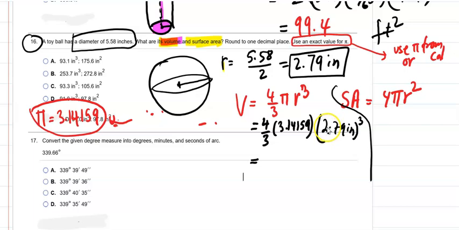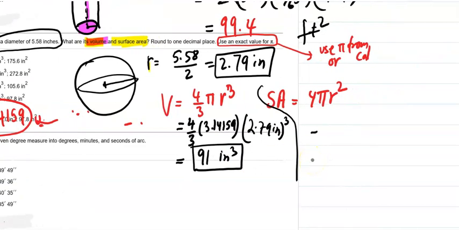In other words, you multiply 2.79 times 2.79 times 2.79 times 3.14159 times 4/3. If you do all the multiplication, you get the volume V as 91 inches cubed. Rounded to 1 decimal place, that gives you 91 cubic inches.